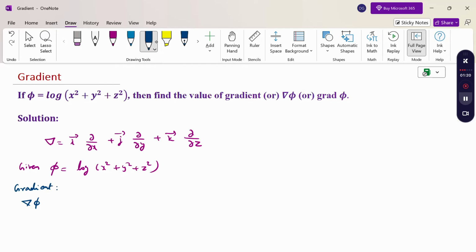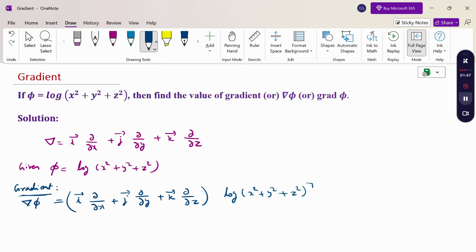So gradient is nothing but del into phi. So the del value is i into dou by dou x plus j into dou by dou y plus k into dou by dou z. This is the value of del into phi. Phi is log of (x square plus y square plus z square).